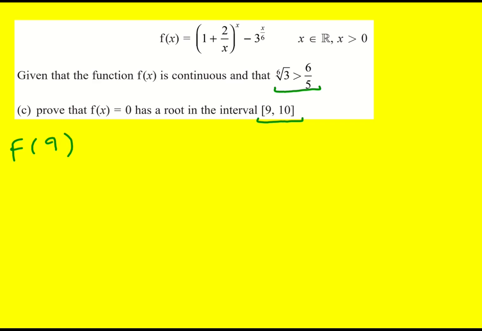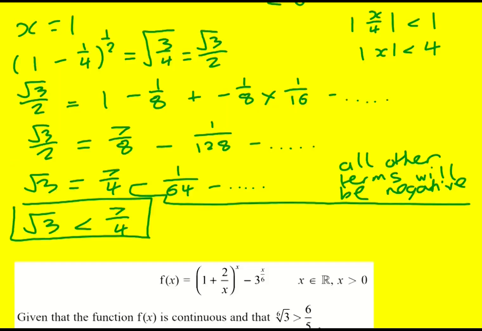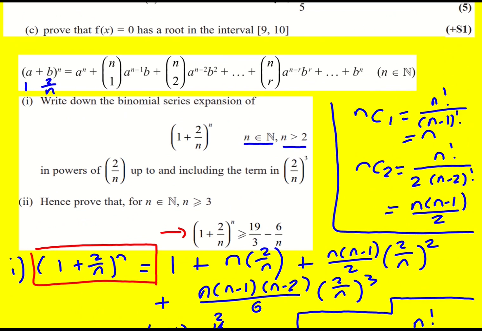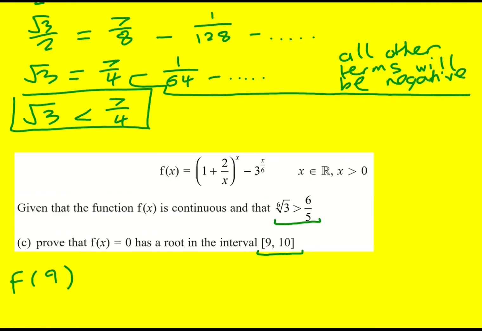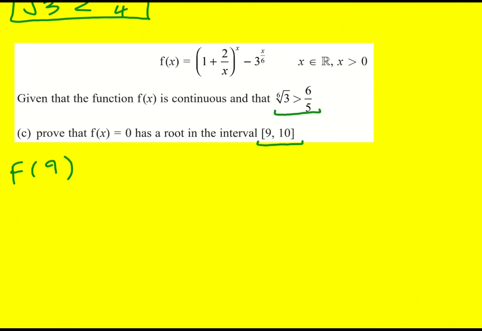Note, when we do that, x becomes a natural number and we can use our result from earlier on in part A, because that was what we relied on when we did that expansion. So f of 9 is going to equal 1 plus 2 over 9 to the power of 9 minus 3 to the 9 over 6.